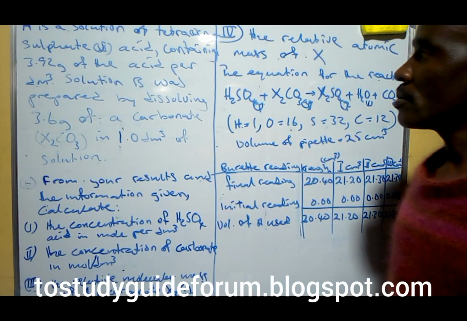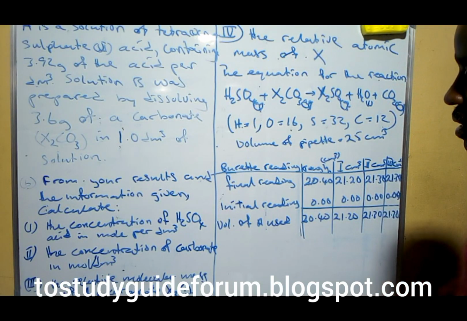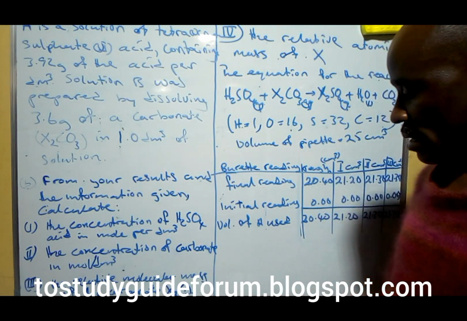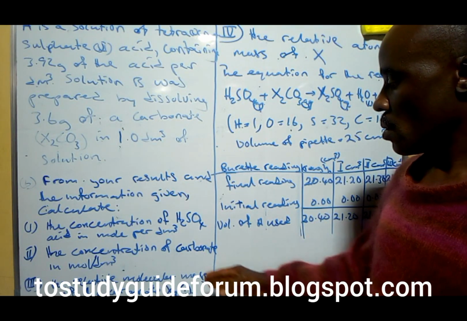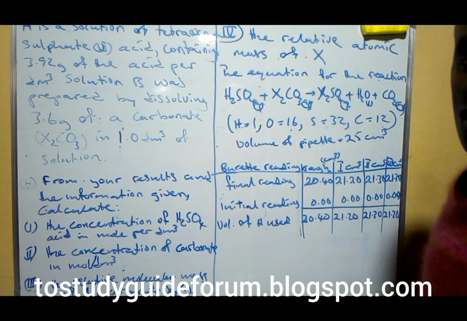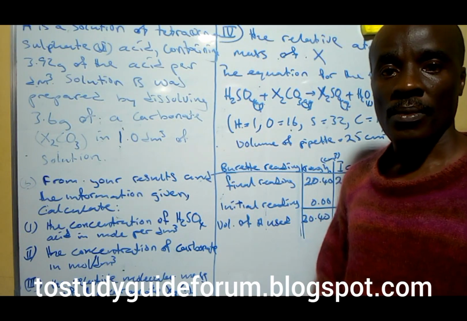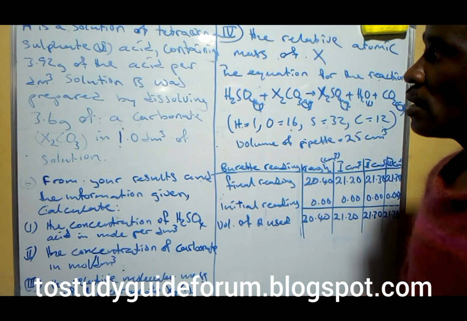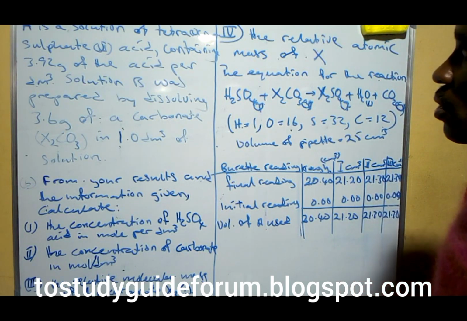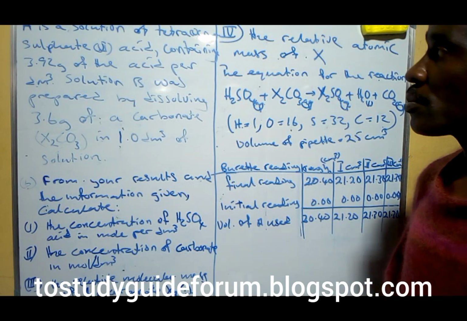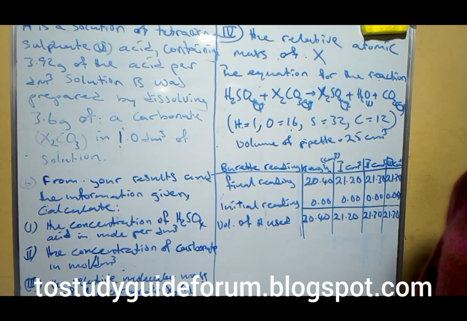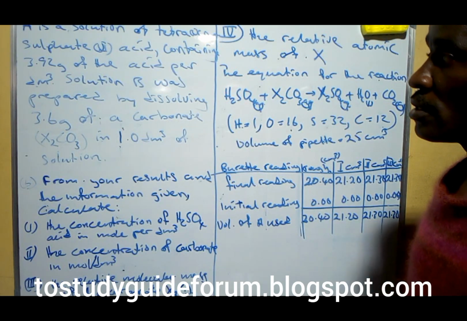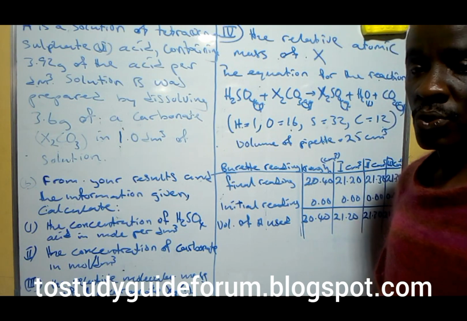In this titration, we'll be looking at how to calculate relative atomic mass and also relative molecular mass using titration methods. In this question, A is a solution of tetraoxosulfate(VI) acid containing 3.92 grams of the acid per dm cube.